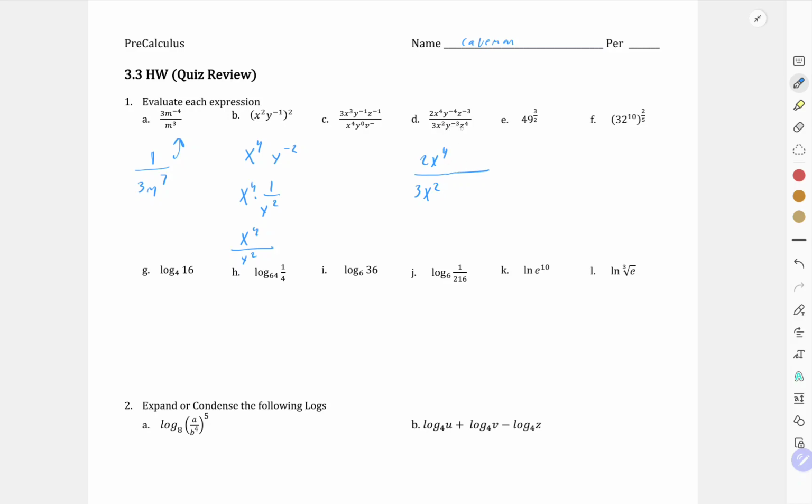Y to the power of negative 3 goes to the top, so y to the power of 3, and then y to the power of negative 4 comes down, so it's y to the power of 4, and then z stays there, and then the z to the power of negative 3 actually comes down.